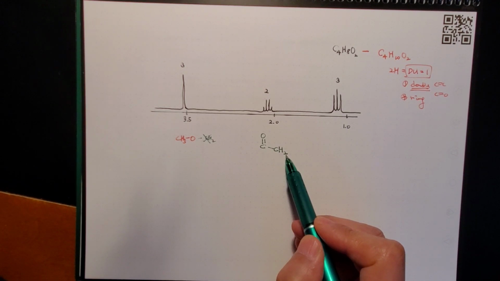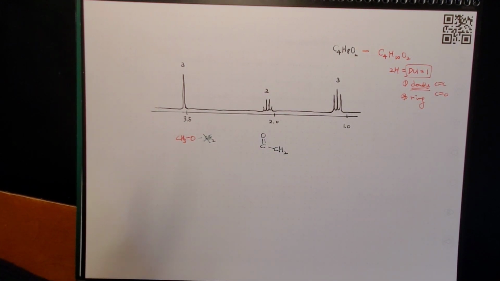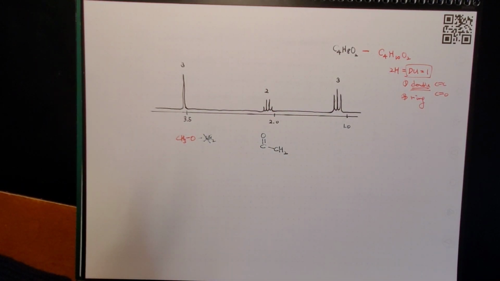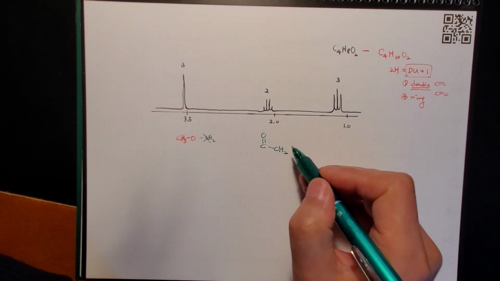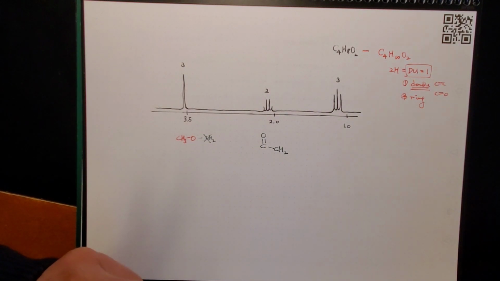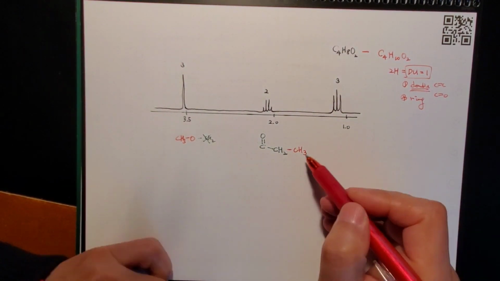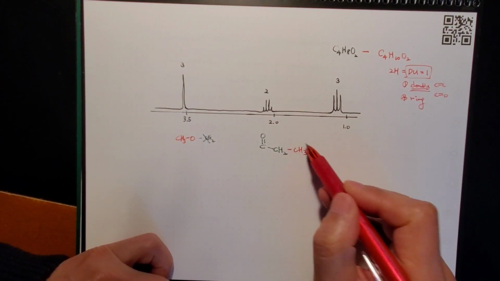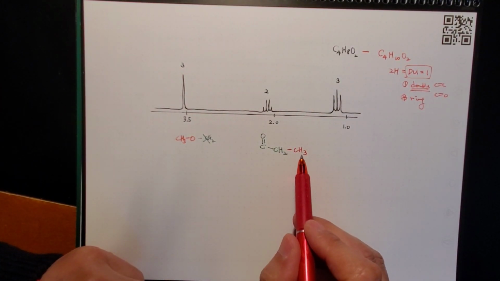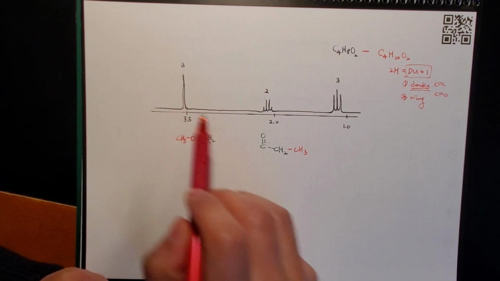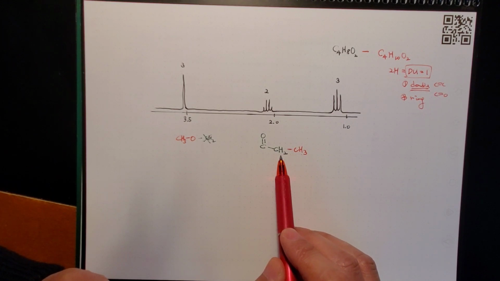The last information we didn't use yet is neighbors. How many lines do you have? 4. That means n plus 1 is 4, therefore n, the neighboring hydrogens, is 3. Then you must have this on the NMR. Okay, could it be that? Well, then this cannot be a singlet because that guy has 2 neighbors.